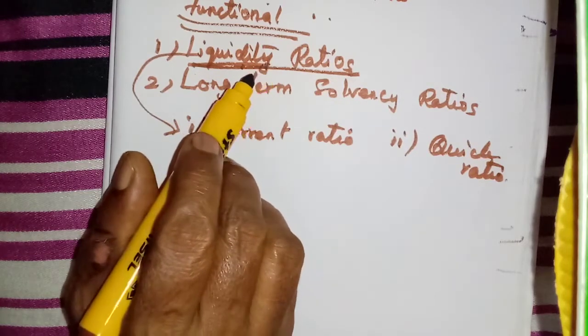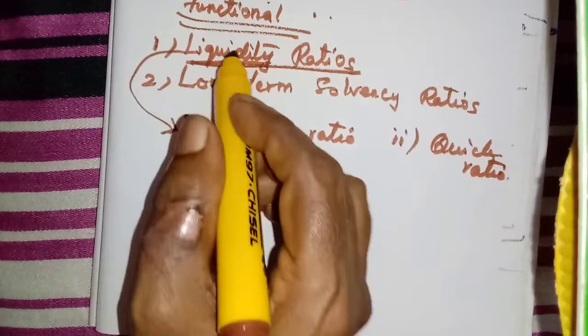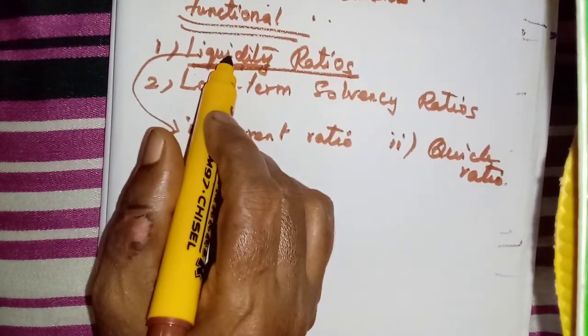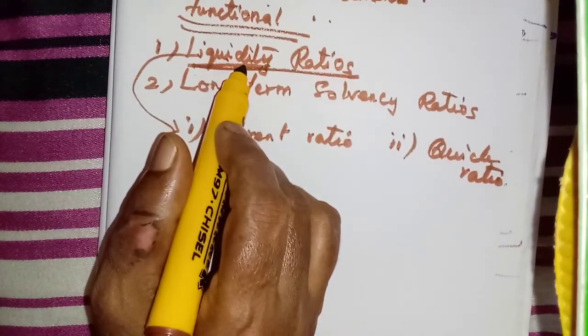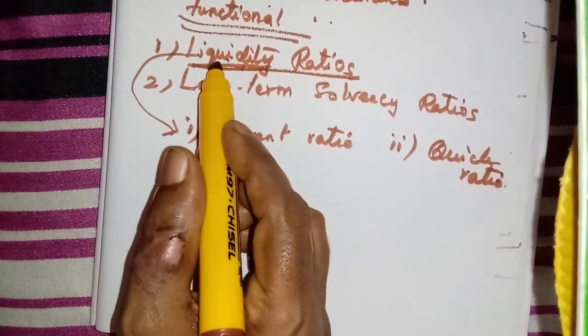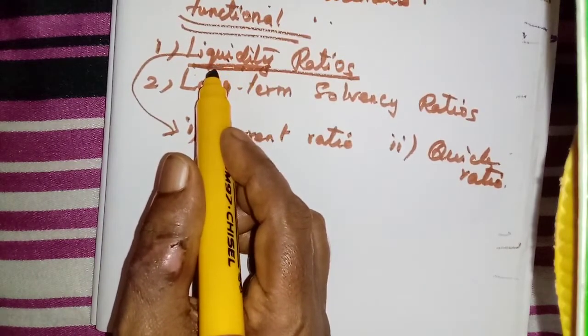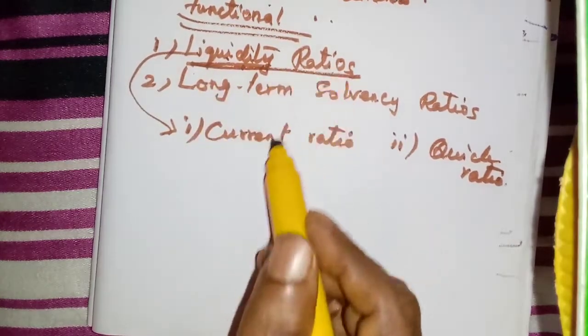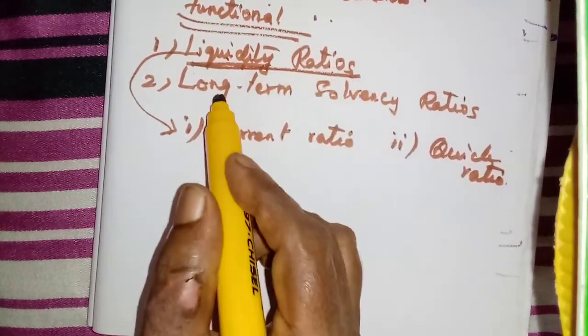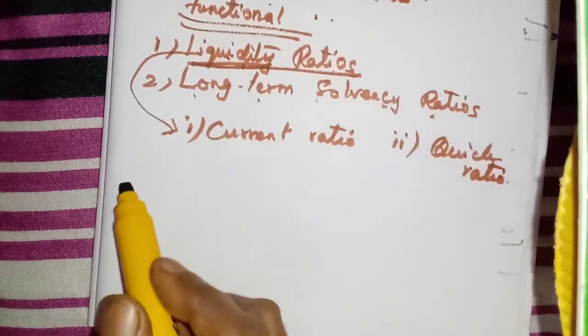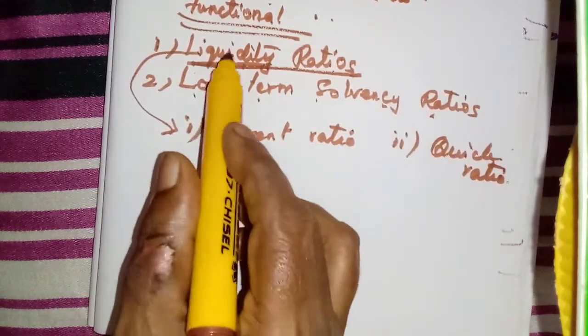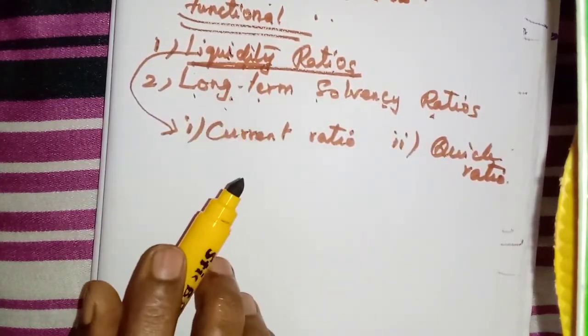So, whether we can convert the assets into cash. Which assets can be converted into cash easily? The current assets, isn't it? So this liquidity ratio can also be explained as short-term solvency ratios. One is short-term solvency, the other is long-term solvency.